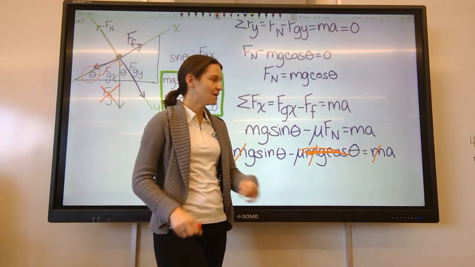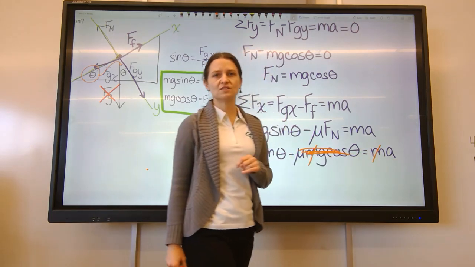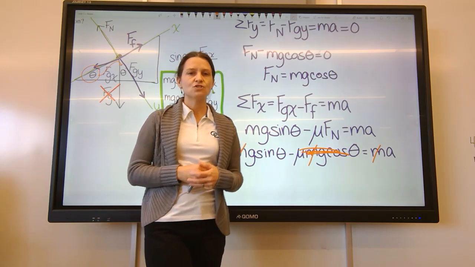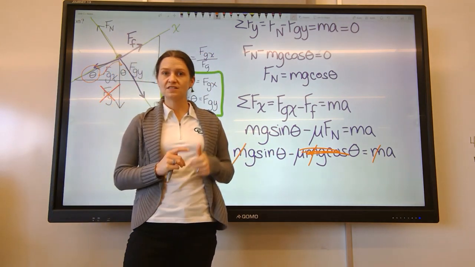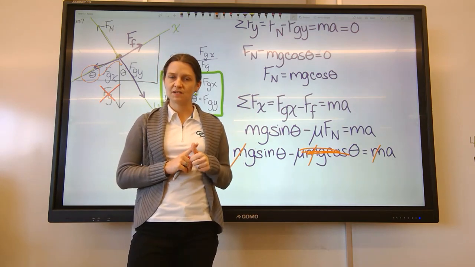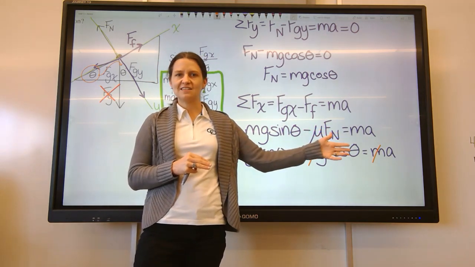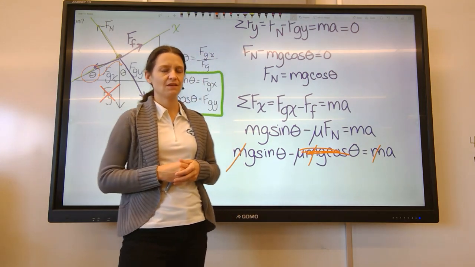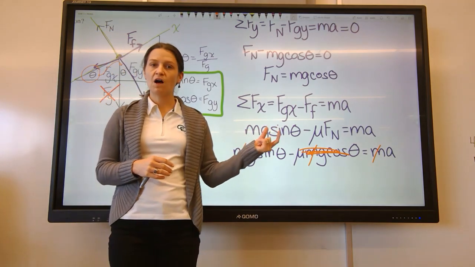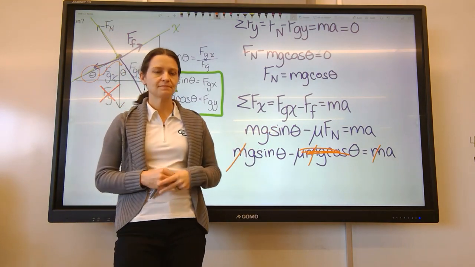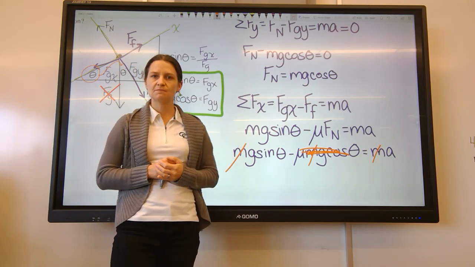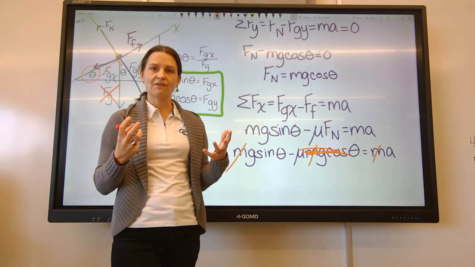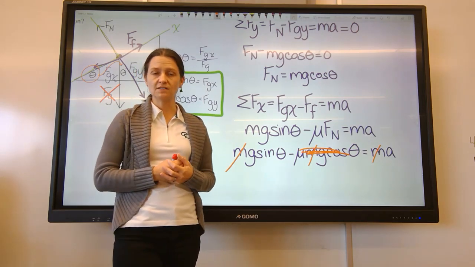But at the same time, the bigger the object is, the harder it is to accelerate. The more force you need to apply in order to get the same amount of acceleration. So if I have a really big object, the force acting on it by gravity is bigger, but the acceleration that it's then going to experience because of that force is going to be correspondingly smaller. If I have a really small object that I'm sliding down an incline, the force of gravity is going to be small. mg is going to be relatively small, and gravity will not apply as much of a force to that object.